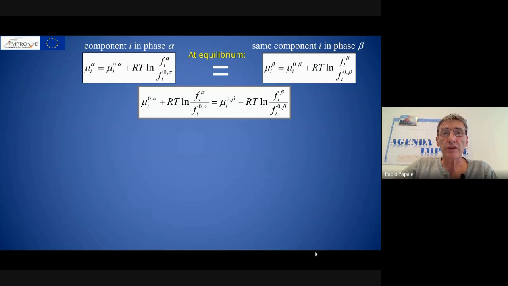Note that we are talking of a given component, such as water, for example, in different phases, such as the liquid and gas phase. Thus, at least in principle, we may use for both phases the same reference state, for example, pure water at 1 bar pressure, which is a typical choice in many simple problems, actually much simpler than our magma case.